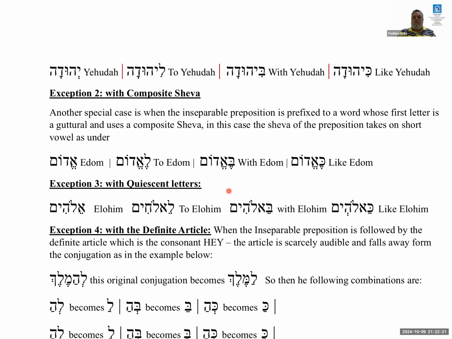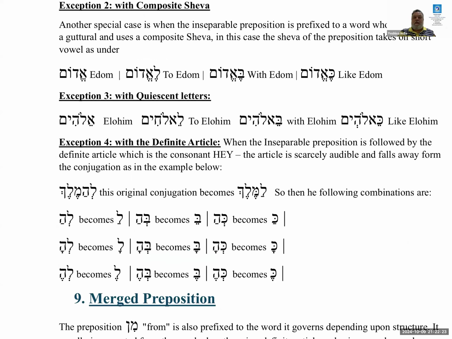Interesting. Now look at this. What happens when you have to conjugate a preposition with a definite article? When the inseparable preposition is followed by the definite article, which is the consonant he, the article is scarcely audible and falls away, forming the conjugation as in the example below.